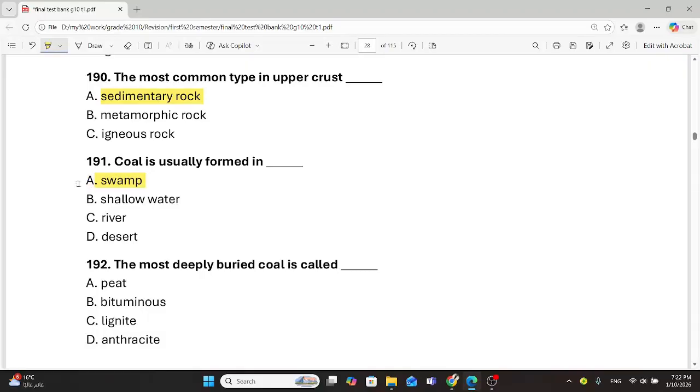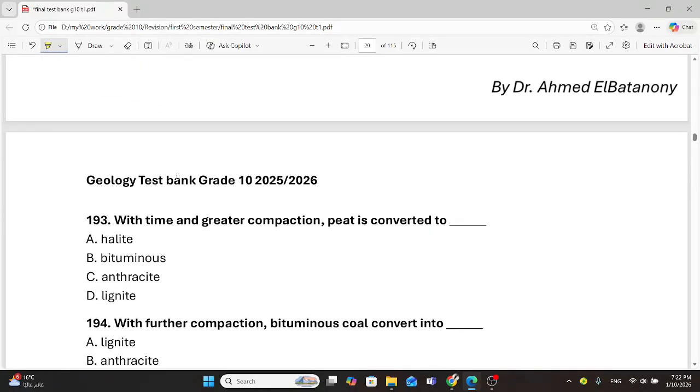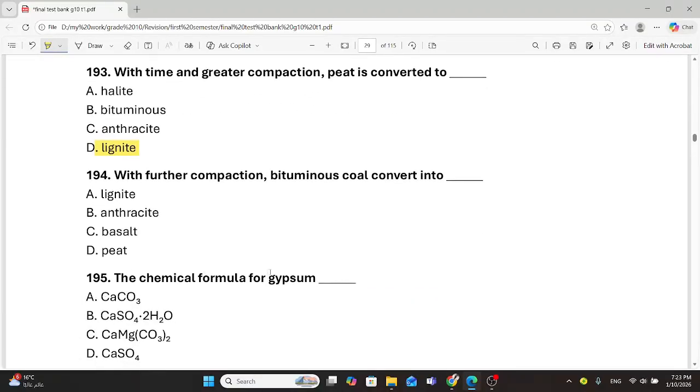Swamp. The most deeply buried coal is called anthracite. With time and greater compaction, peat is converted to lignite. With further compaction, bituminous coal is converted into anthracite.